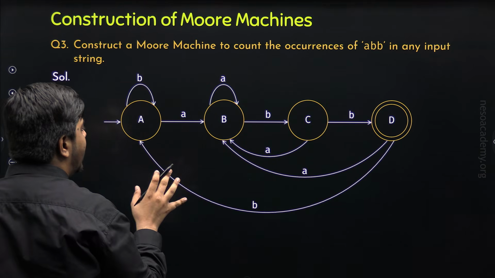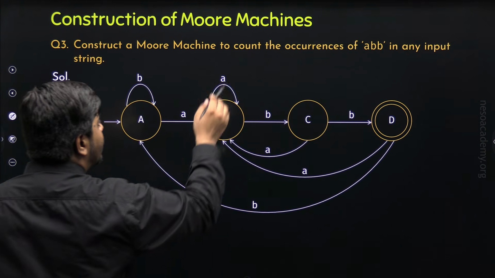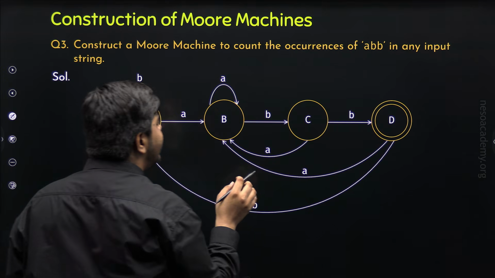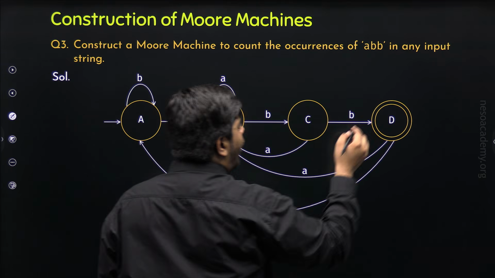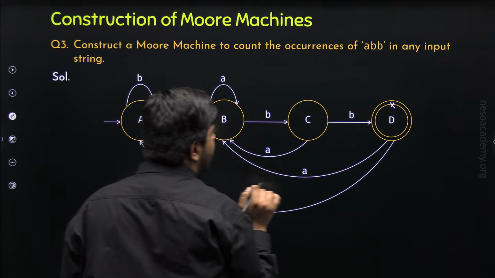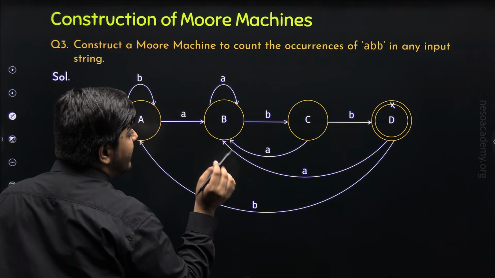Now we have to convert this DFA into its corresponding Moore machine to count the occurrences of ABB. So obviously in a Moore machine, there will not be any final state, so we will remove this final state. Now, we need to count the occurrences of ABB.